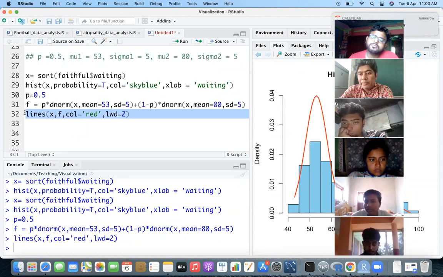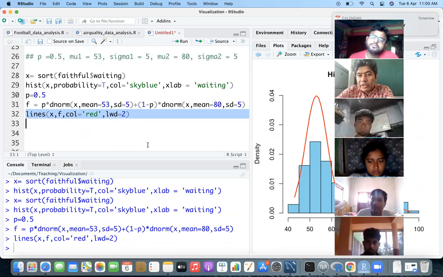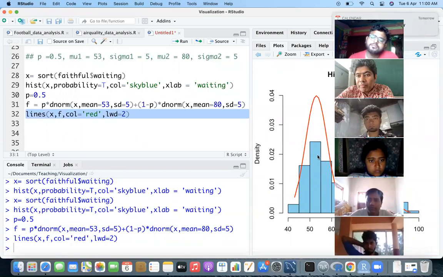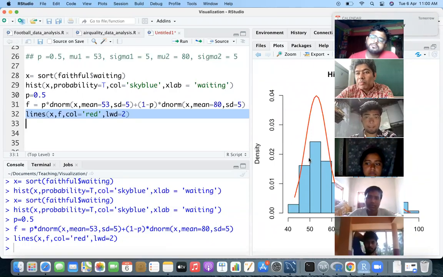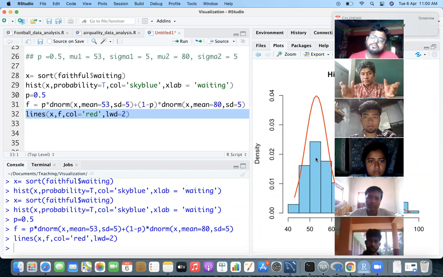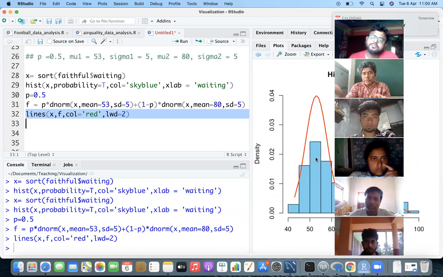Now you can see this is the graph we are going to draw, but clearly it is not very representative, because my p is just ad hoc chosen, and my mu and sigmas are ad hoc chosen. But it has the potential to model two modes. If your data have two modes, two clusters, mixtures of distributions have the potential to model them.